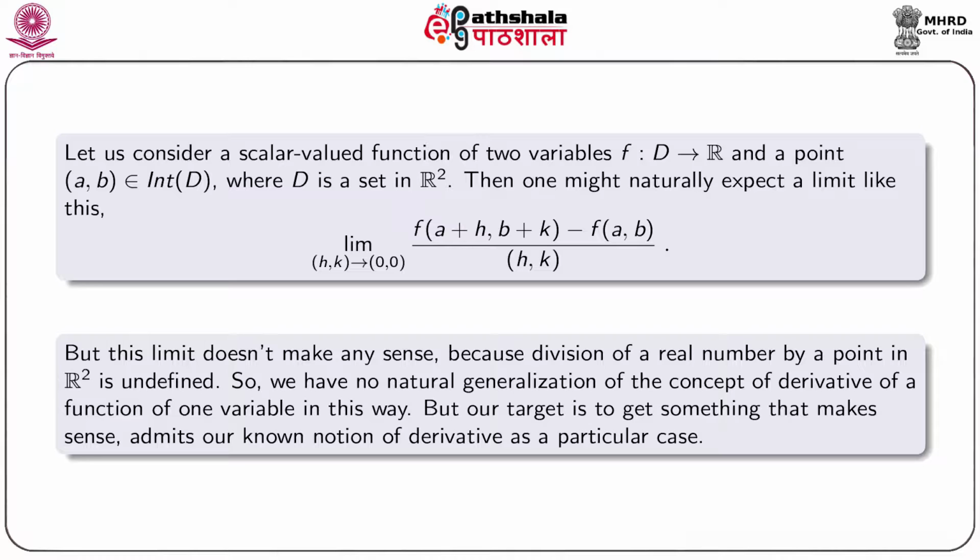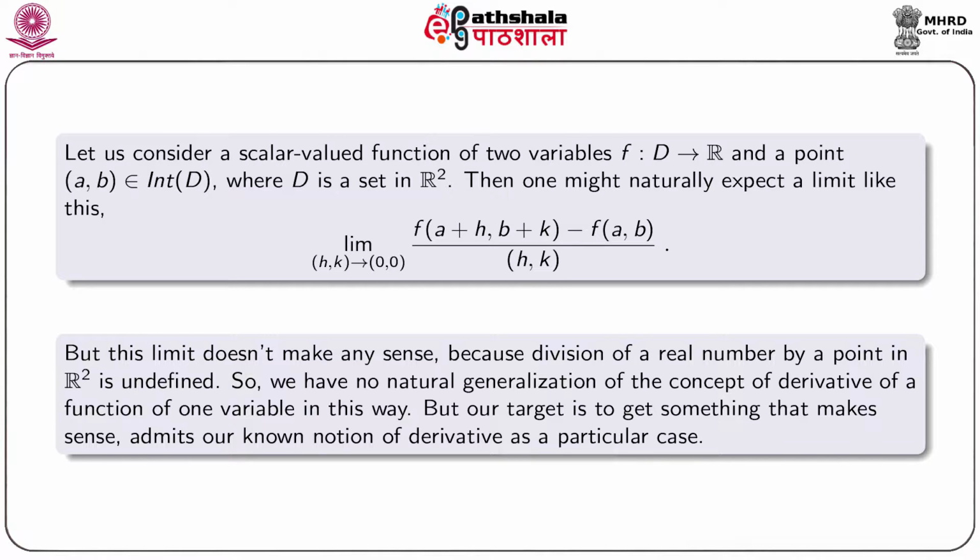But this does not make any sense, because if we look at the numerator, f of (a plus h, b plus k) and f of (a, b) both are real numbers. So, their difference is another real number which is properly defined. But division of a real number by a point in R2 is undefined.